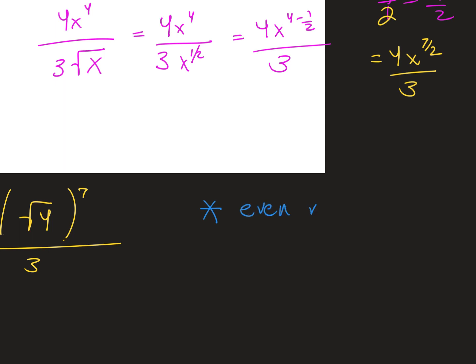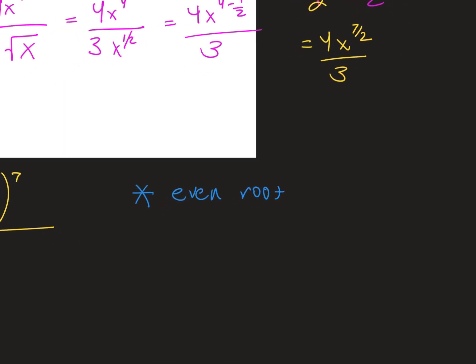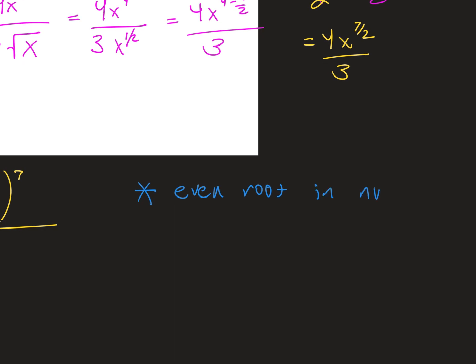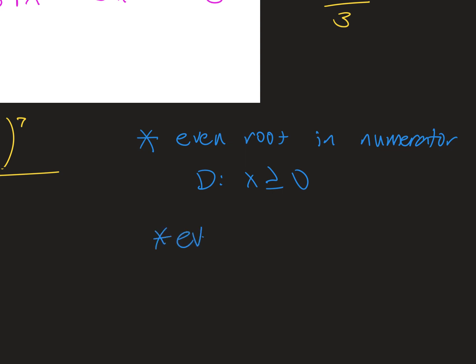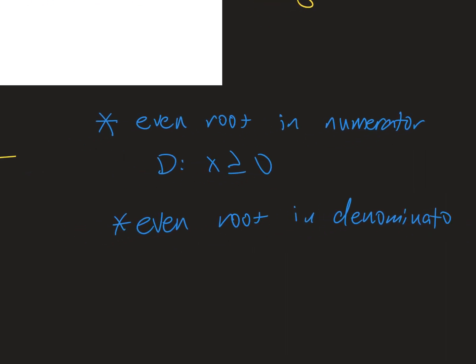Even root in the numerator: your domain is x has to be greater than or equal to 0. Even root in the denominator: what's your domain? X has to be greater than 0.